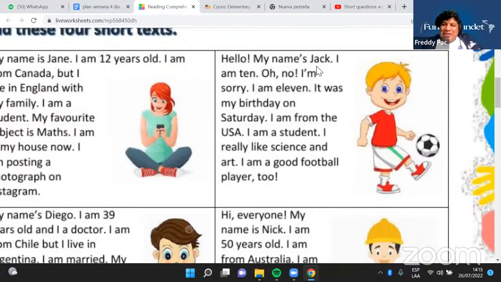Now it is very easy because whenever we see a period, it means that we have a sentence. For example, hello, my name is Jack, period. Okay, that is the first affirmation. So what can I do to create this into a question?